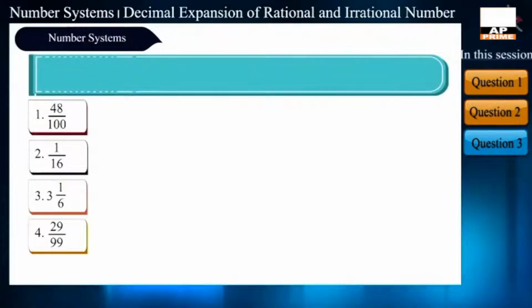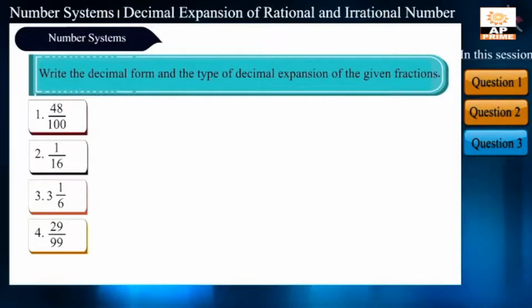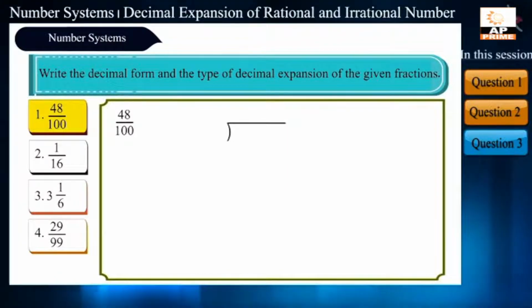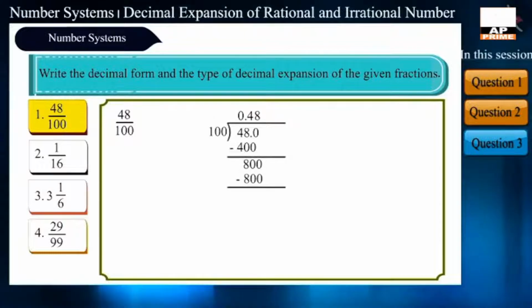Friends, let us see this question. Write the given fractions in their decimal form, their decimal expansion. First fraction is 48 by 100. We will write it in this way and solve it using the long division method. Here, the remainder becomes 0 and its decimal expansion is 0.48.